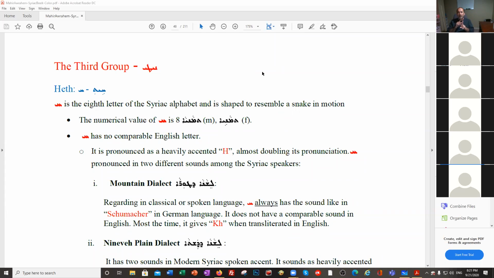With the Eastern dialect, we have two accents. The first accent is called Lishan Dashta, open plain, Dashta, which includes Tilkep, Al-Qush, Batnai, Tescopa, all the Dashta of Nineveh, around or surrounded by Nineveh city.